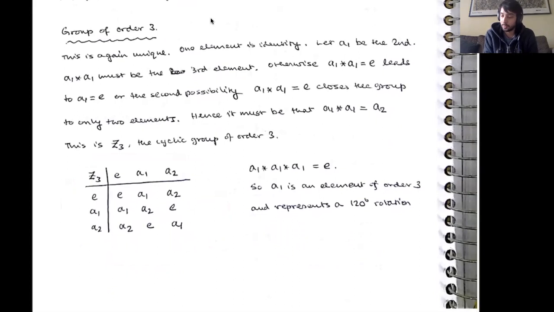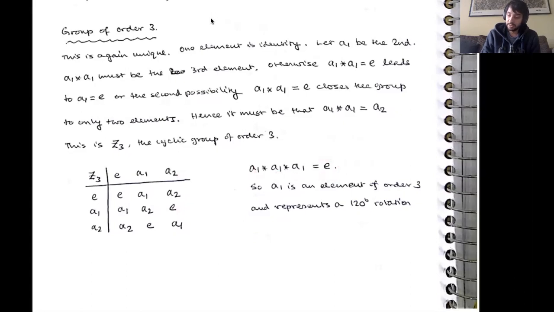A1 cross A1 equals A2, and this is the cyclic group of order 3. A2 is again A1 cross A1, so it just means that A1 cross A1 cross A1 is E.